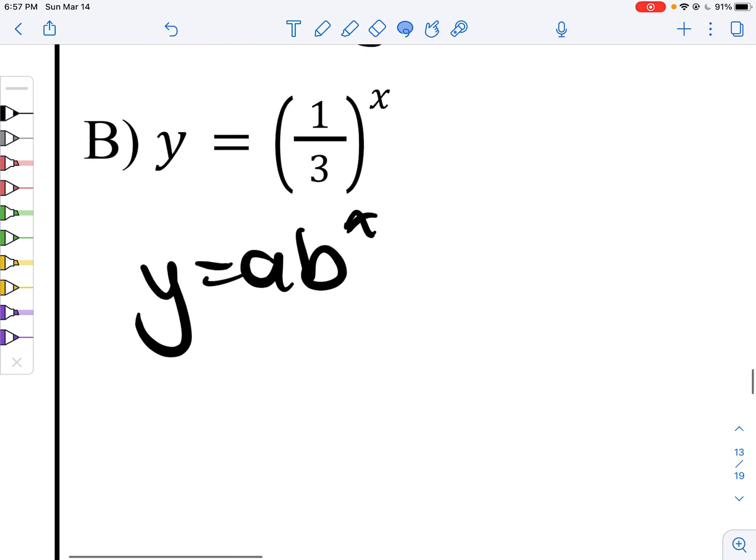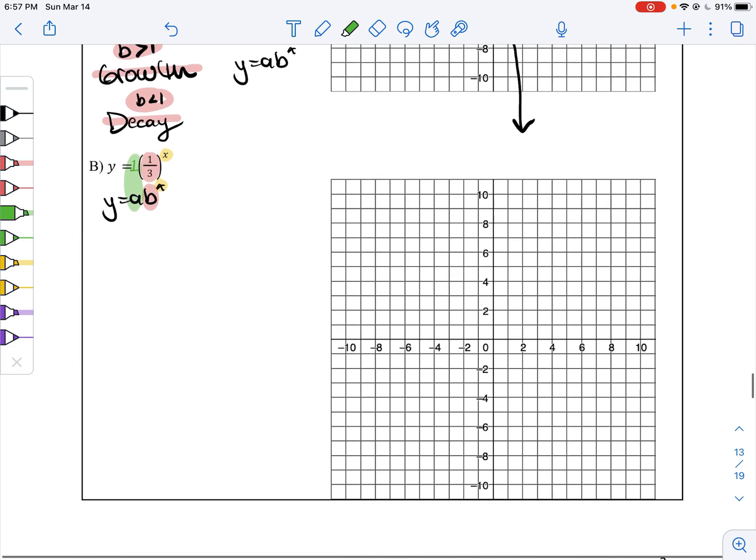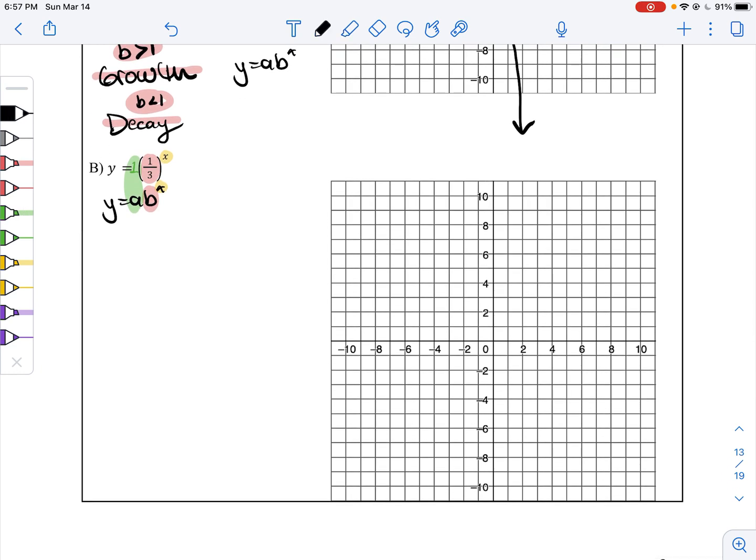In this case, we still have y. 1/3 is our rate, because that's what's being raised to the xth power. And there's an invisible 1 right here. So our first factor is a 1. Our first point is going to be at 0, 1. Cool! Now our growth is 1/3.